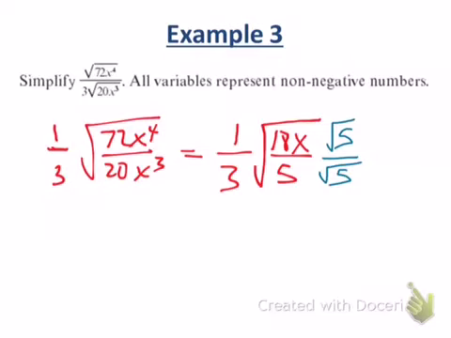And this 1/3 is still just hanging around. Up top I've got the square root of 90x. In the bottom now I just have 5.